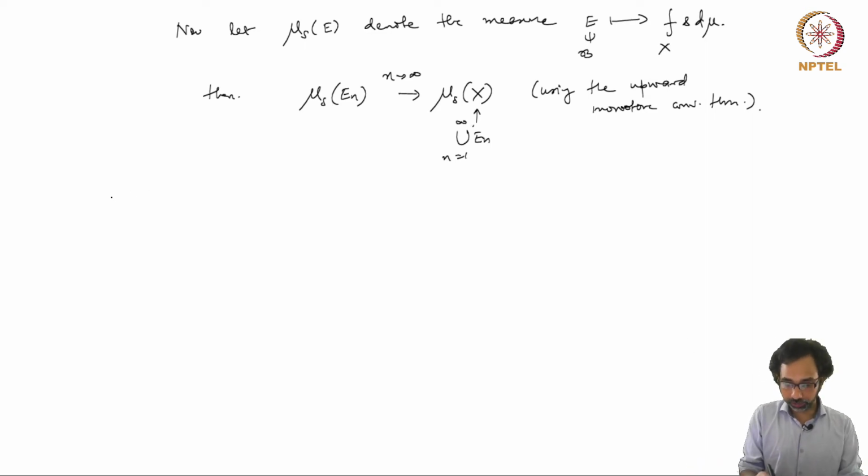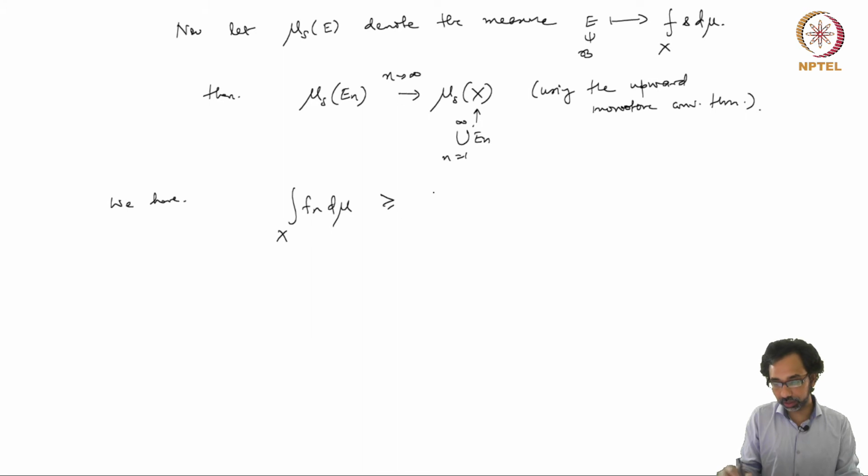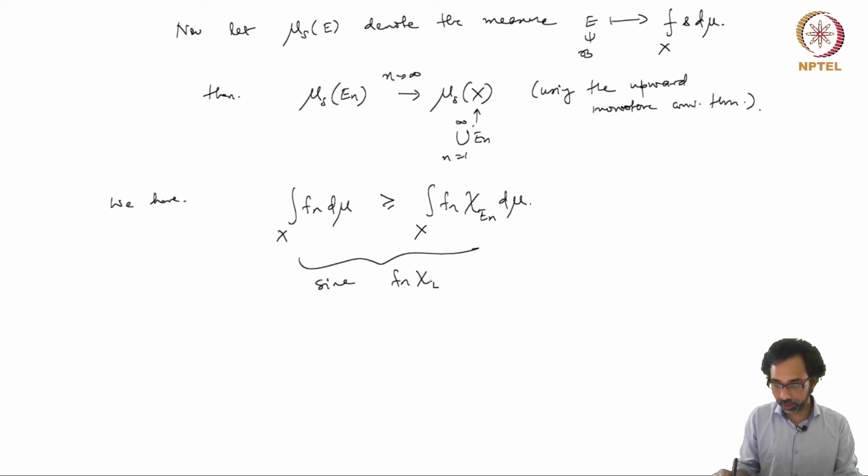So therefore we have, first, that the integral over X of f_n d mu is greater than or equal to the integral over X of f_n chi_{E_n} d mu. This is because f_n chi_{E_n} is pointwise bounded above by f_n, so we have just used monotonicity.